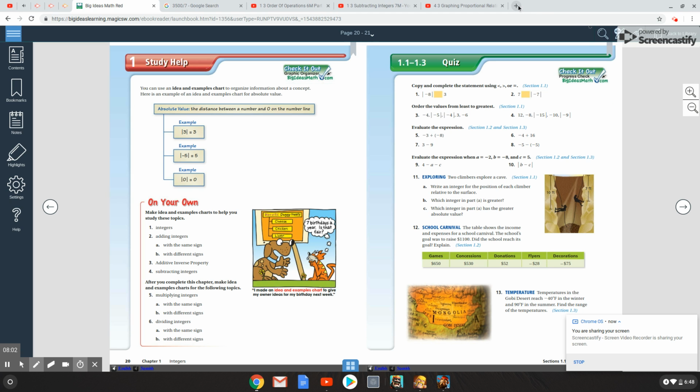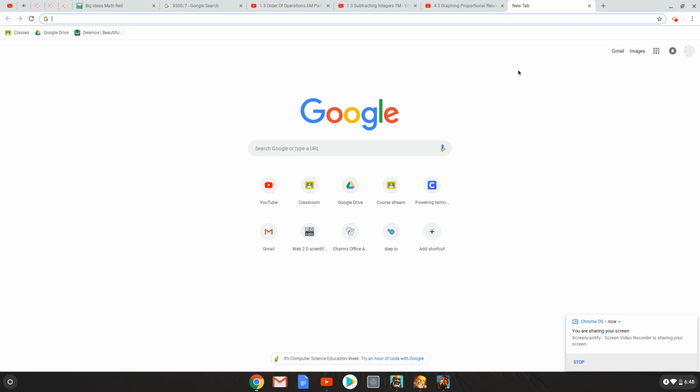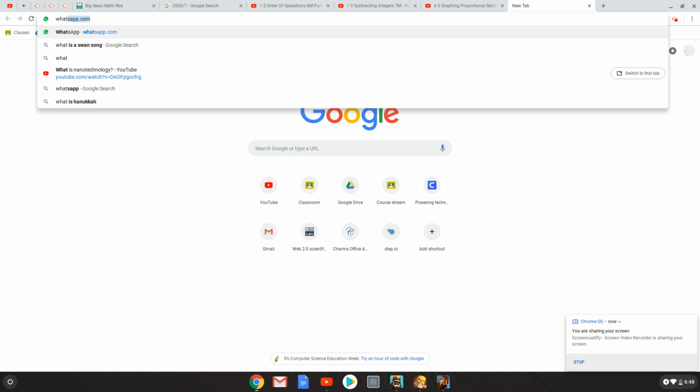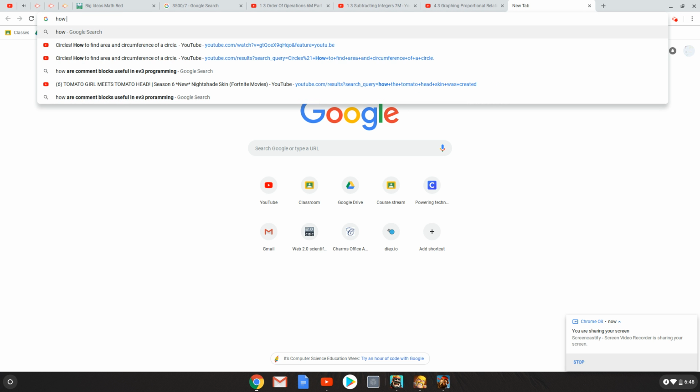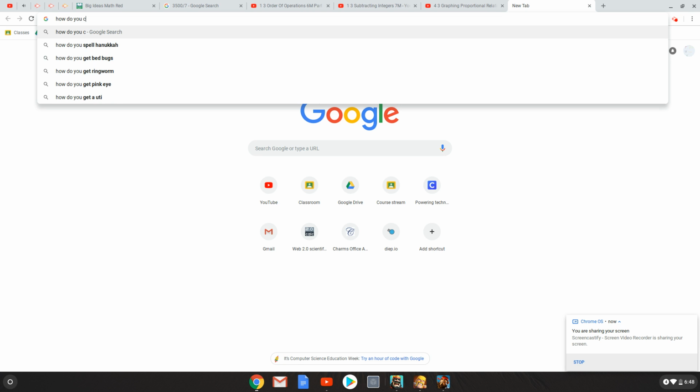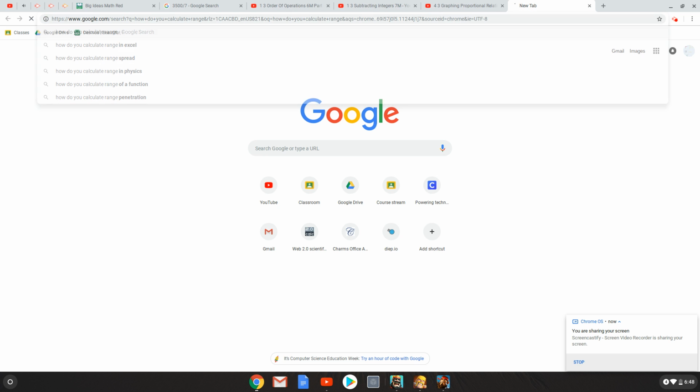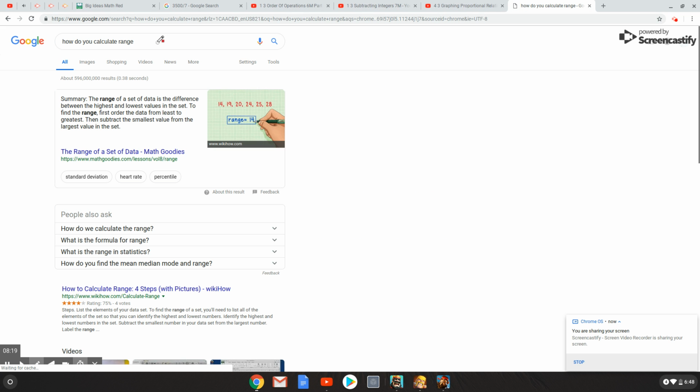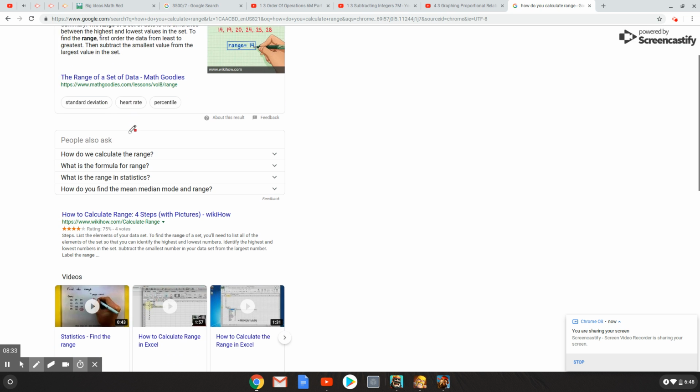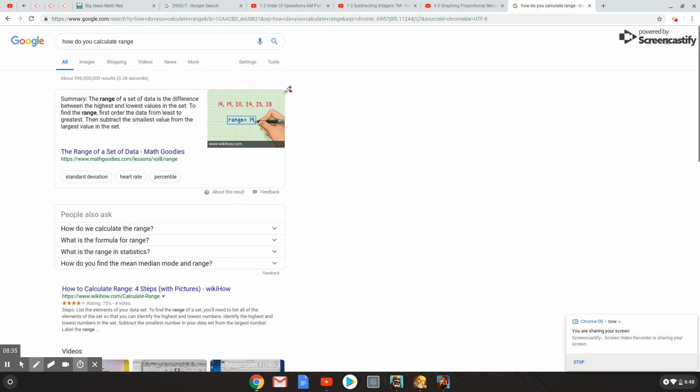So range. I'm going to open up a new tab and we're going to search how do you calculate range, just so that you guys understand more. So the range is for a set of data. So look, this is the range. You're probably not getting it.